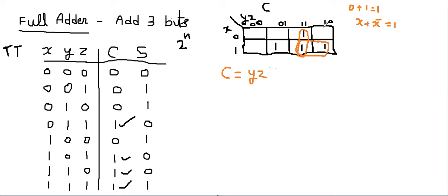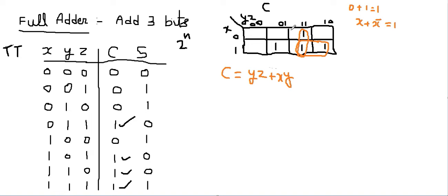So in that case we will have the y from here, and x from this side because it represents the x. So we will write yz plus x, because we are considering only the 1s in this K-map, so we will write the sum of product form.